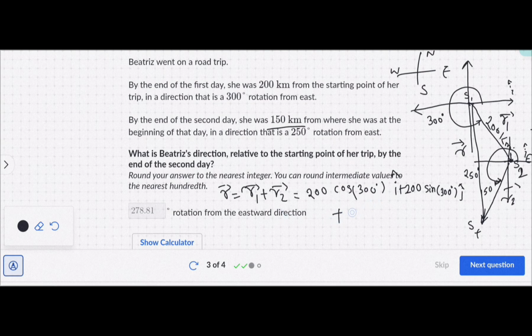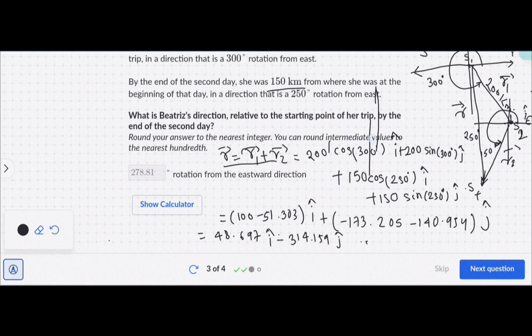And R2 is 150 cos 250 degree I cap plus 150 sin 250 degree J cap. When you add these two, you can get the result. I solved it, so this is the final vector in the original coordinate system.